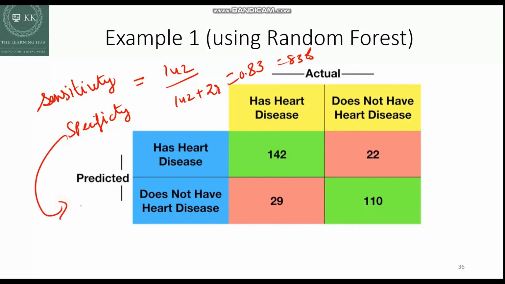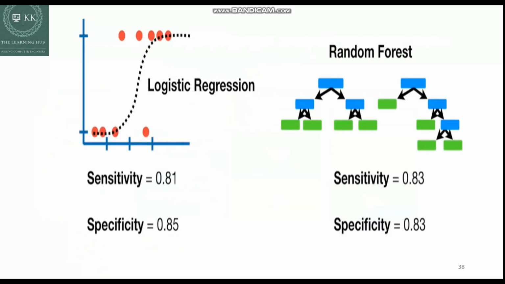Similarly for specificity we get 83%. When we calculate the value, 110 divided by 110 plus 22, it again comes to be 83%. So sensitivity here tells us that the random forest is slightly better if we go with the comparison results.